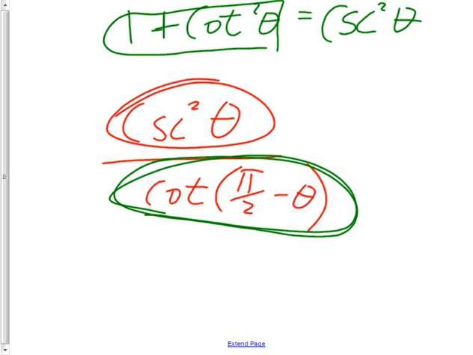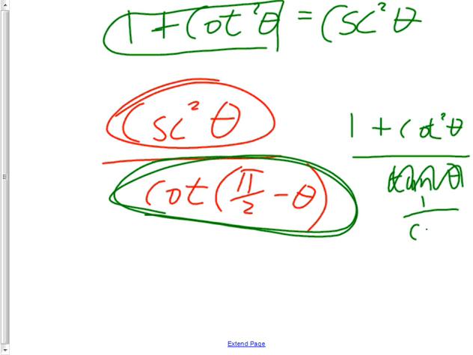And then I'd have 1 plus cotangent squared over tangent of theta. Now I could replace the tangent of theta with what? 1 over cotangent. So that could become 1 over cotangent. And then I can do a flip and multiply.